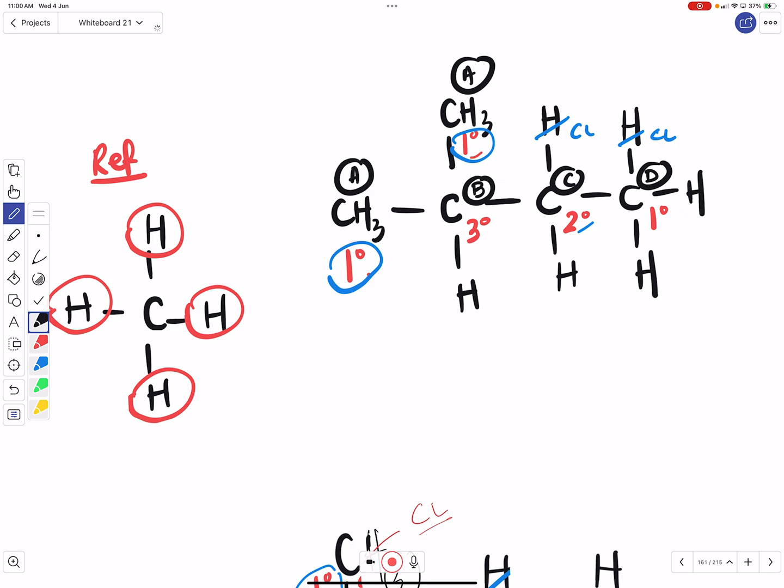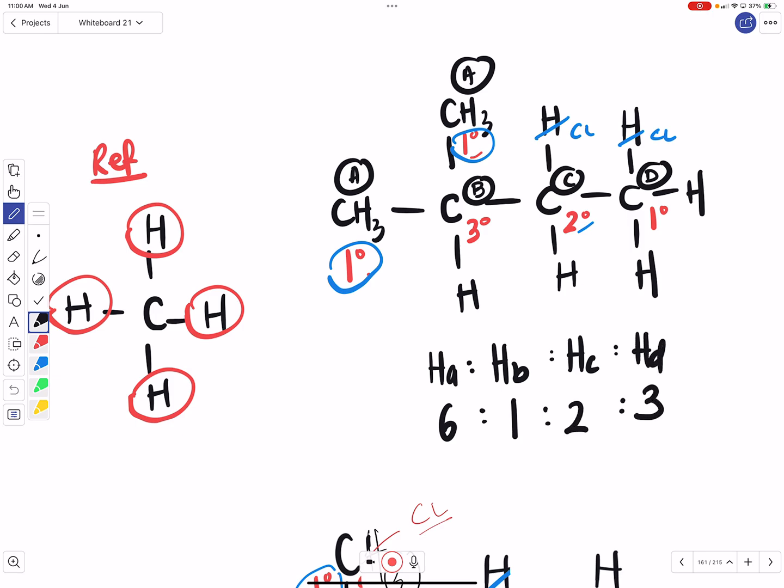So if you go to environment A, because there are more hydrogen atoms, there are a total of 6 hydrogen atoms that can be substituted. Environment A has 6 differing ways in which your chlorine atom can come in. Environment B has only 1 hydrogen atom. Environment C has 2 hydrogen atoms, while environment D has 3 hydrogen atoms.